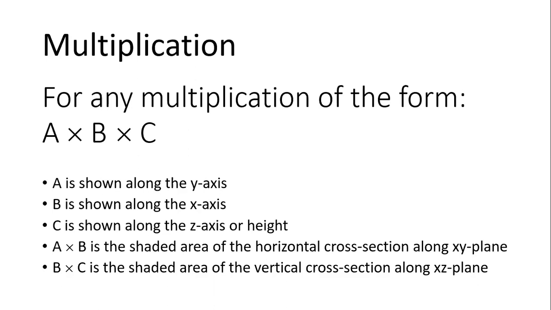This is for you to understand; you don't have to use the same language with children. So A times B is the shaded area of the horizontal cross section along the xy plane. And B times C is the shaded area of the vertical cross section along the xz plane.